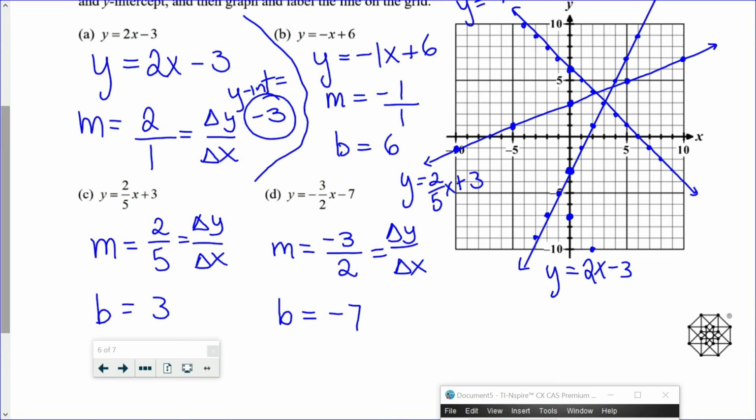I can reverse that, go 2 units to the left and up 3. All right, there we go. Ooh, right through my other label. Y equals negative 3/2 x minus 7.